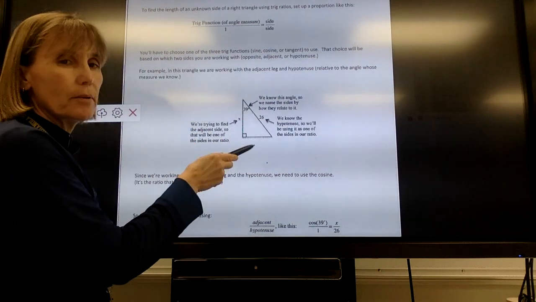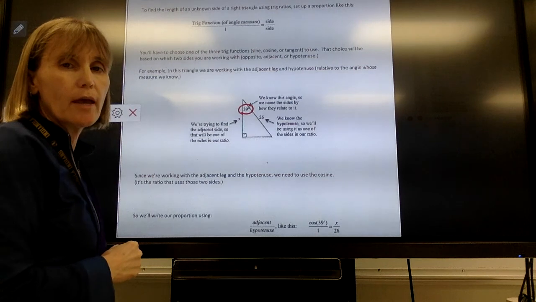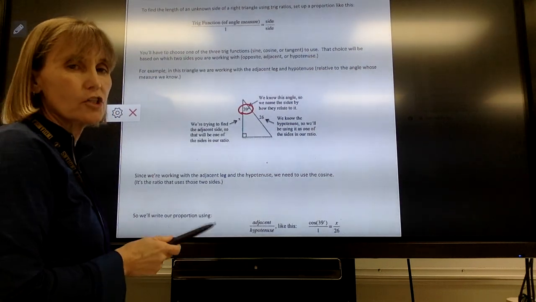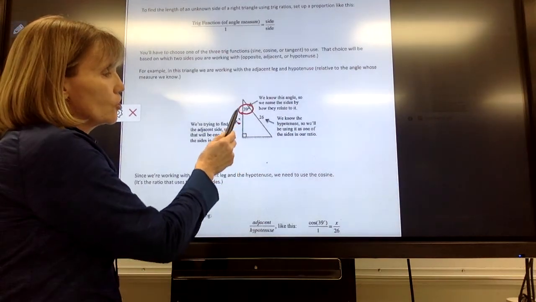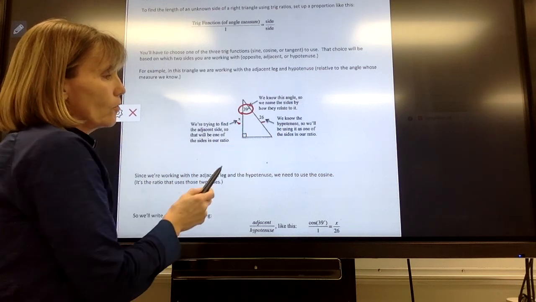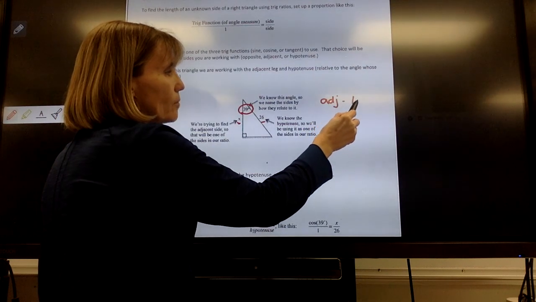You're going to be given a picture of a right triangle and a degree measure. What you want to ask yourself is, from that angle, which sides have been labeled in the triangle? This side right here that is adjacent to the 39 degrees has been labeled, and the hypotenuse of the triangle. So I have adjacent and I have hypotenuse.